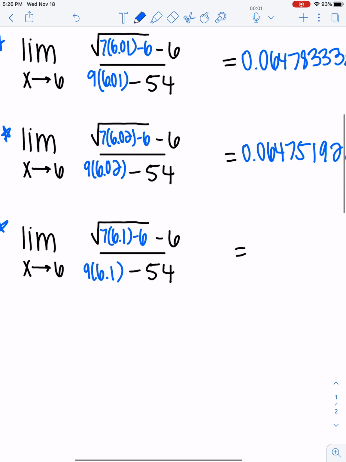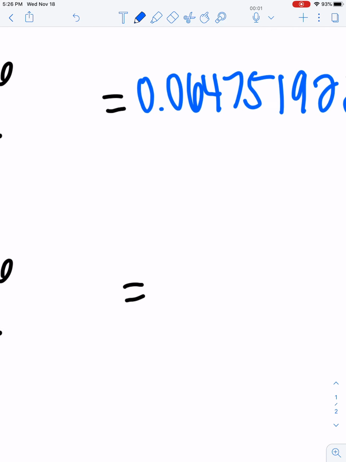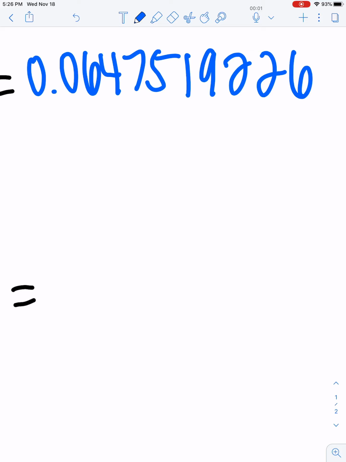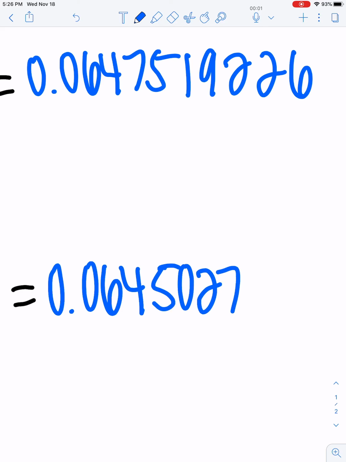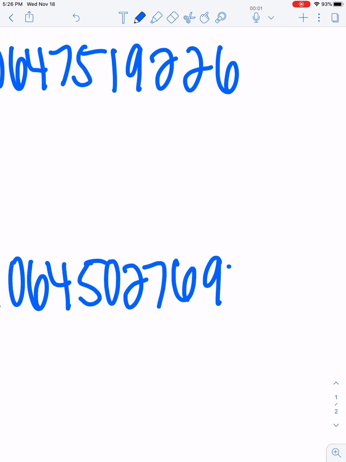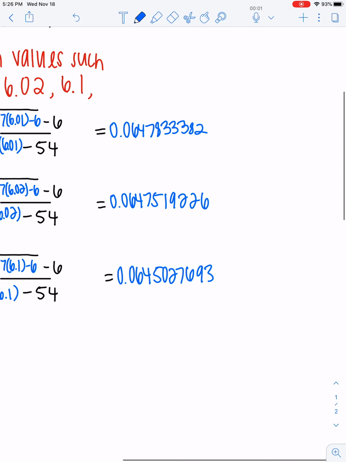Okay, so now if we plug that into our calculator for this one, we are going to get 0.0645027693. So if you're looking at all of these values, you can tell that they are all very, very similar, and they can actually all be rounded to 0.065.